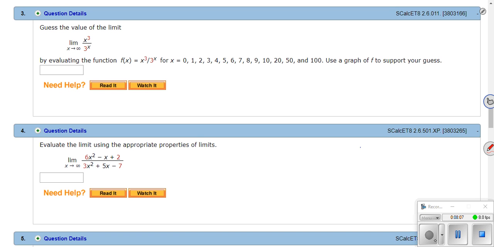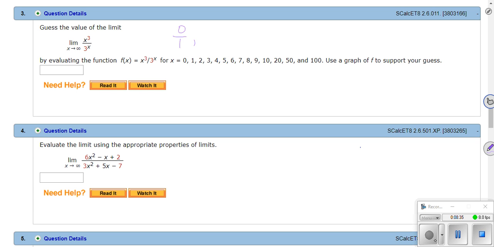Now, guess the value of the limit. And it says the limit of x cubed over 3 to the x power as x approaches infinity, by evaluating the function f of x equals that for all of those points. Now, you can do that, and I kind of started that. So if I plug in 0, okay, I end up with 0 over 1.